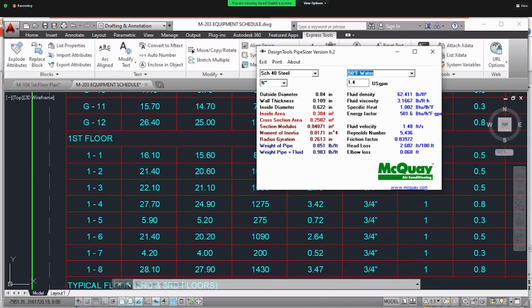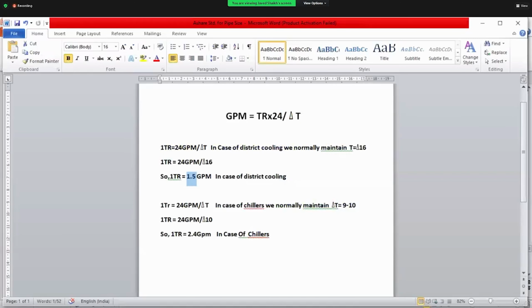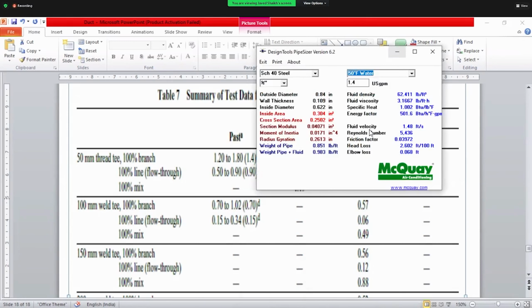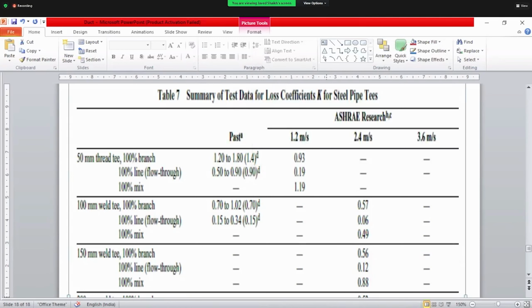Fluid velocity: as I have told you, as per ASHRAE, for pipes below 2 inch, we should not increase the velocity of water more than 1.2 meters per second, and the head loss also should not increase.